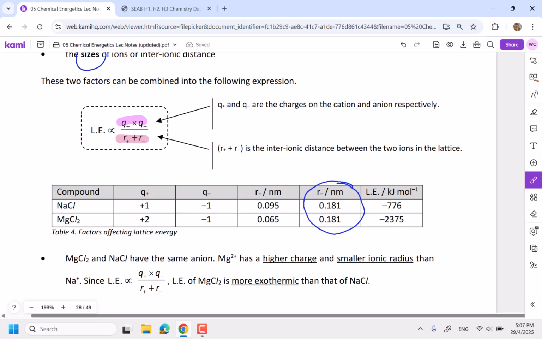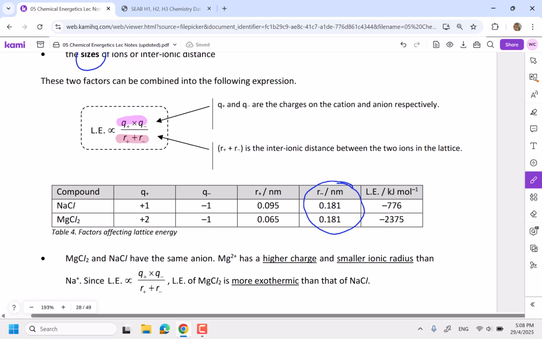But based on this alone, you know that the sum of the ionic radii for magnesium chloride is less than that of sodium chloride. Because it's an inverse relationship, I would expect lattice energy to be more exothermic, and the product of the charges for magnesium chloride is also bigger.